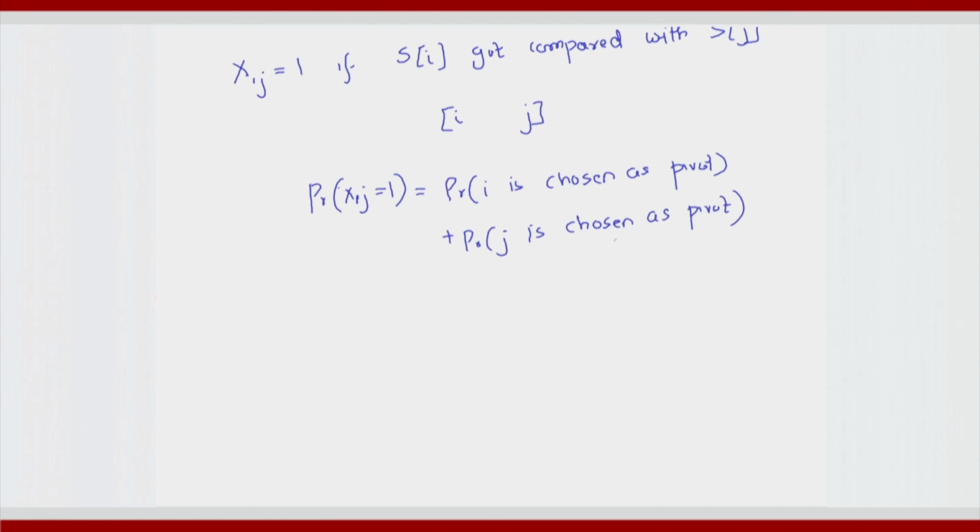And when I say chosen as pivot, I am choosing it from the subarray Sij. Now what is the probability of having i or j as the pivot? Well, this is basically 1 upon j minus i plus 1, plus 1 upon j minus i plus 1. These are two mutually exclusive events.